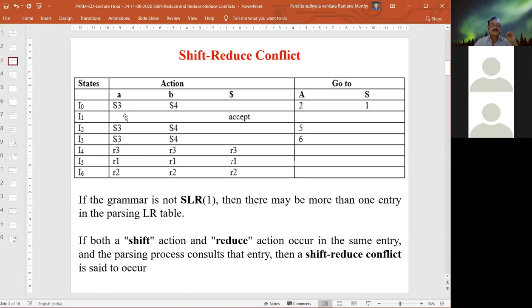For example, here at I0 and A, we have only S3. Instead of this S3, it may contain S3 and R1 or R2 in the same entry. Then we call that a conflict. We don't know whether we need to follow S3 or S1.